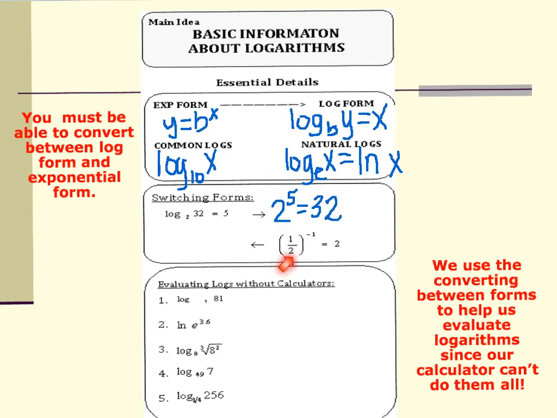So here's our base. We're going to say log base 1/2 of 2 equals our exponent, equals -1. So that's how we go in between them.